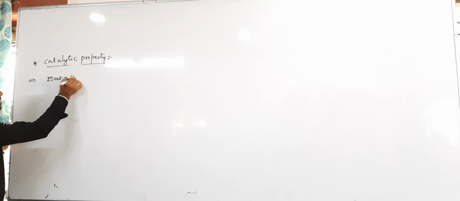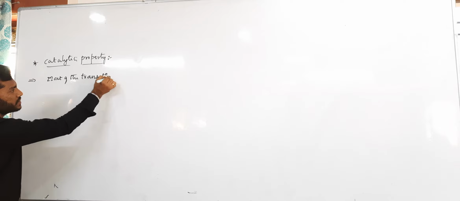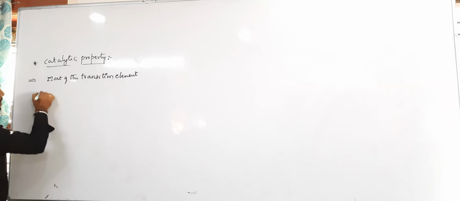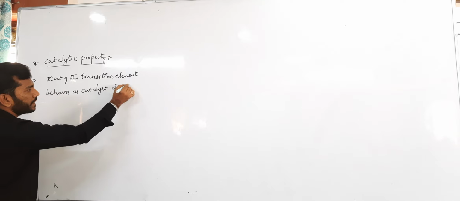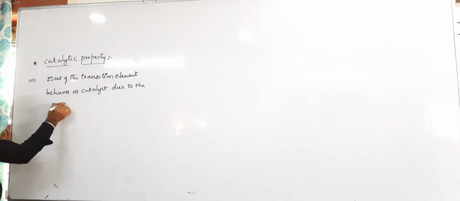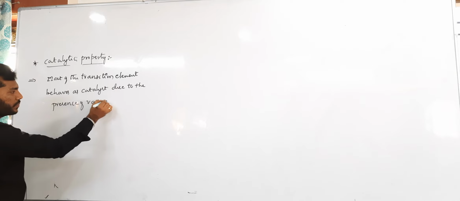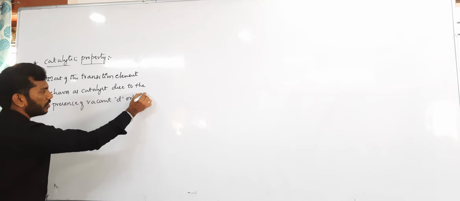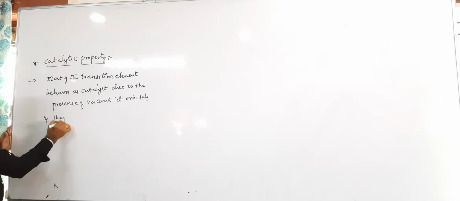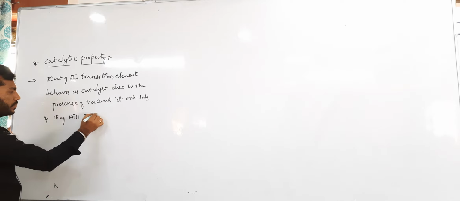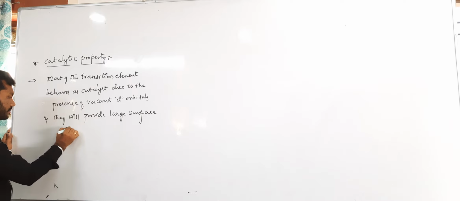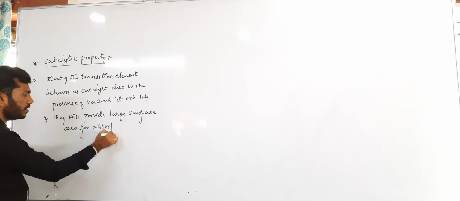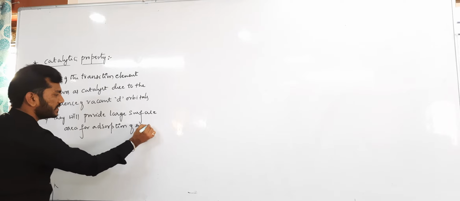Most of the transition elements behave as catalysts due to the presence of vacant d orbitals, and they will provide large surface area, guys, large surface area for adsorption of reactants.